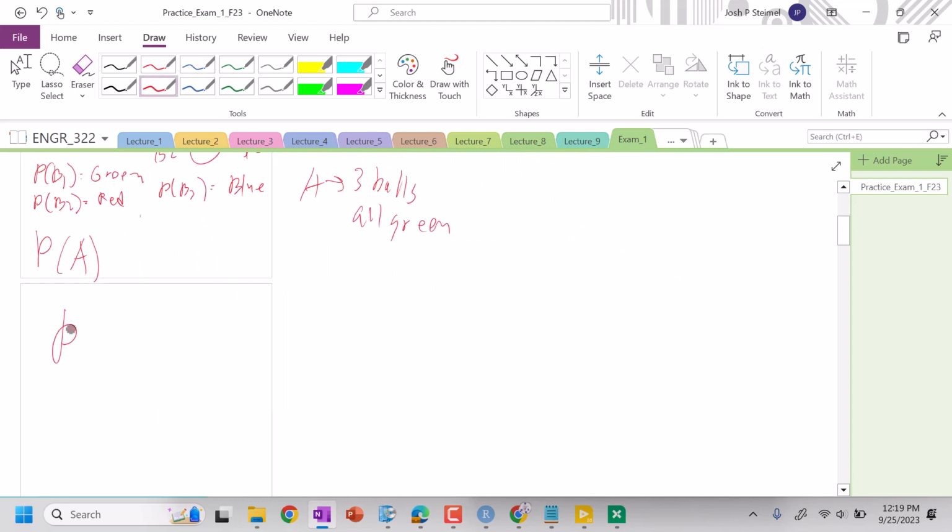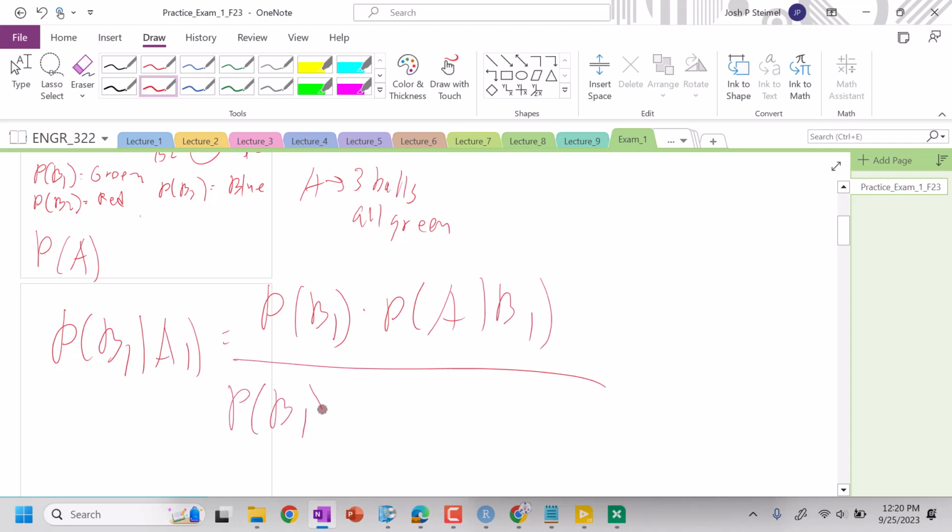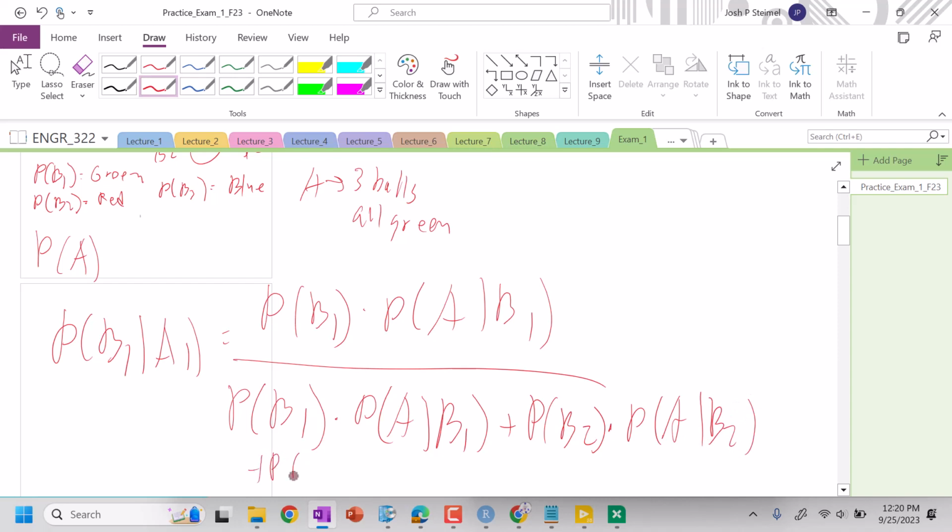The probability of B1 given A has occurred equals the probability of B1 times the probability of A given B1, over the probability of B1 times the probability of A given B1, plus the probability of B2 times the probability of A given B2, plus the probability of B3 times the probability of A given B3.